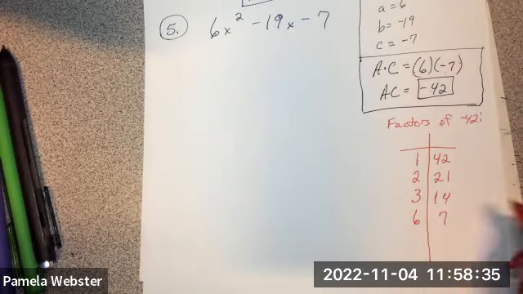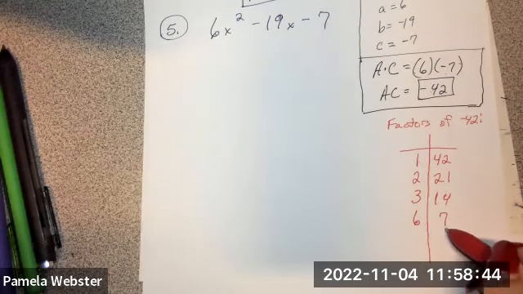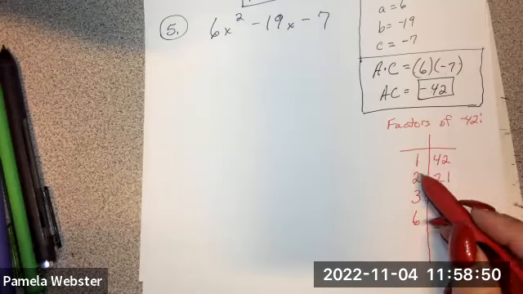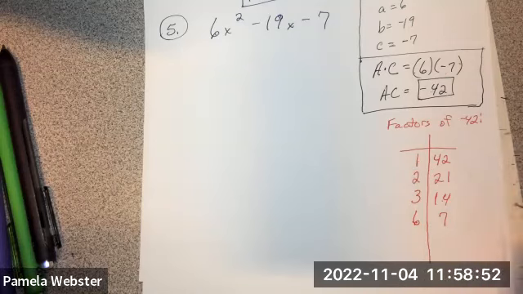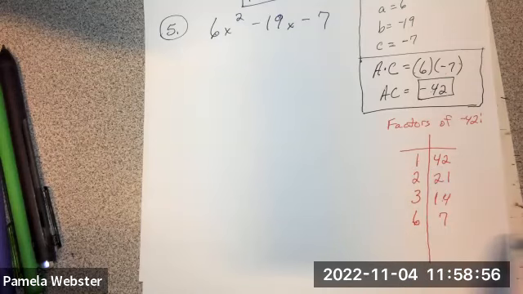We multiplied 6 times 7, right? Okay. And then I look at these and I go, oh, look, 6 times 7, those are really close together. They're only 1 unit apart. So my other factors would be like 7 times 6, and then 14 times 3, and then 21 times 2, and 42 times 1. So I don't have to repeat those because I know that that's what they are. Okay. All right. So those are all my factors.